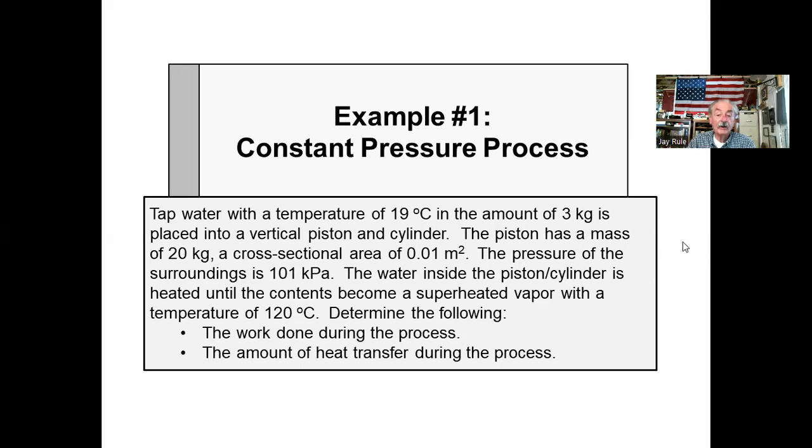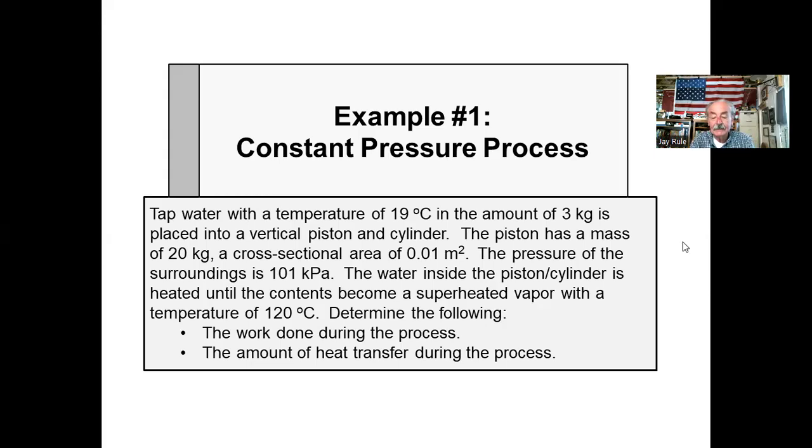Okay, so let's get started on example 1 of 3, and I'll read this problem aloud while you're scanning it as well. Tap water with a temperature of 19 degrees C in the amount of 3 kilograms is placed into a vertical piston and cylinder. The piston has a mass of 20 kilograms and a cross-sectional area of 0.01 square meters. The pressure of the surroundings is 101 kPa, atmospheric pressure.